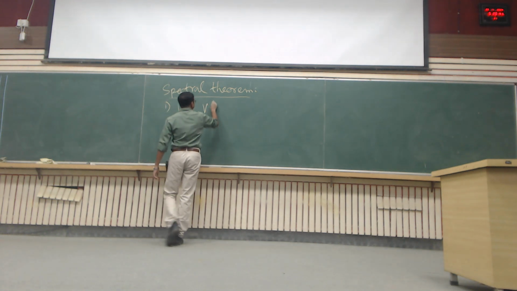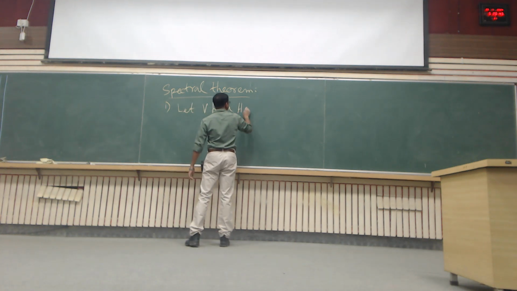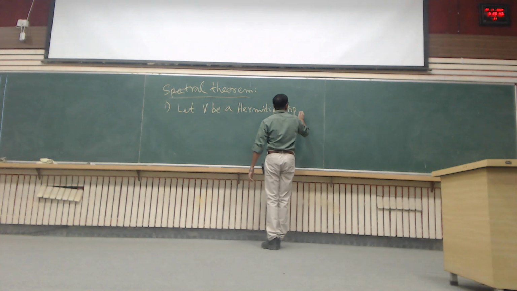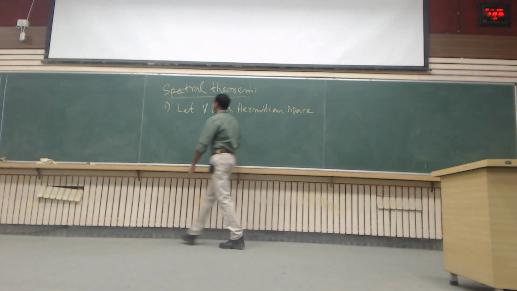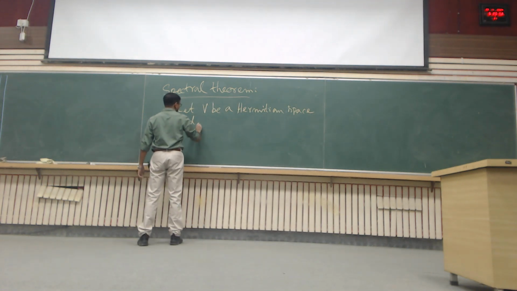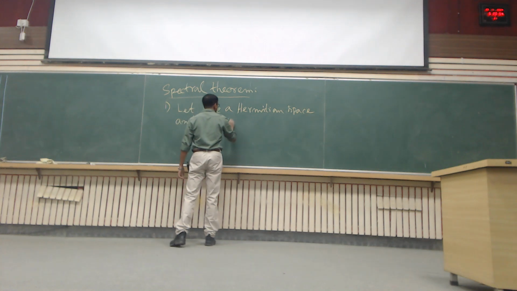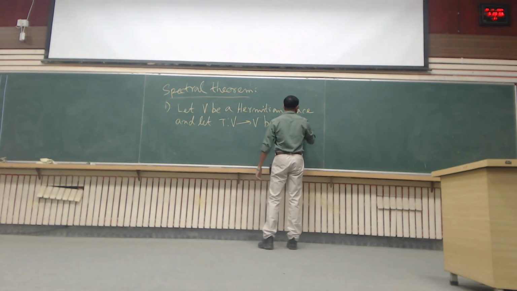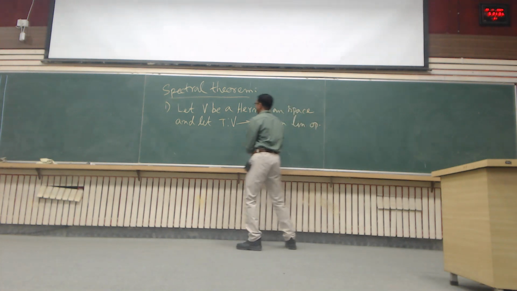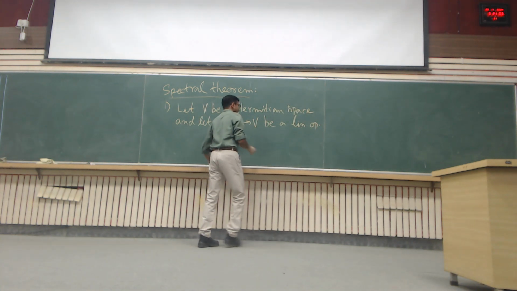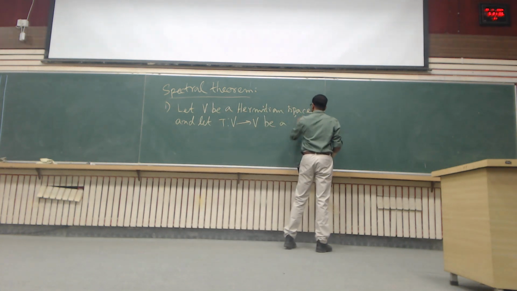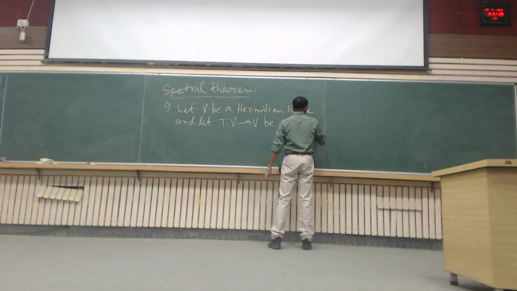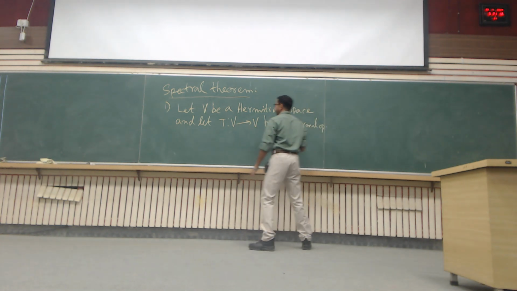Let V be a Hermitian space and let T from V to V be a linear operator, a normal linear operator. Okay.